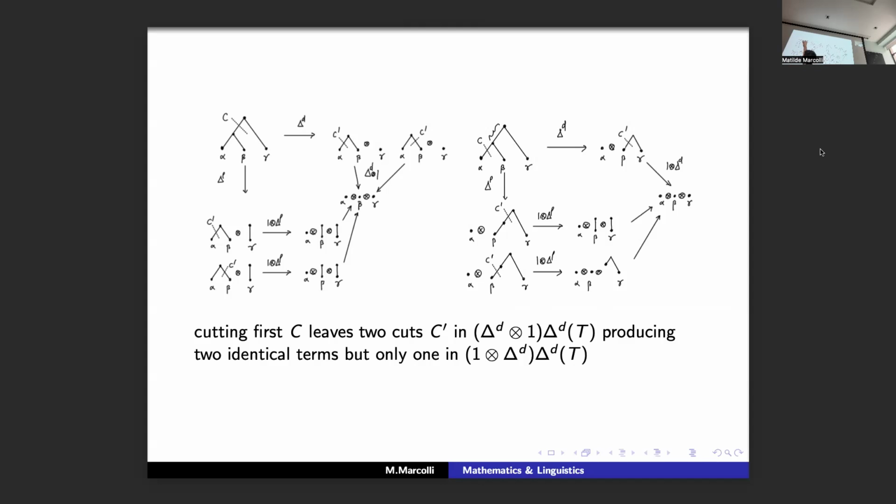And now what I have on the right side, the maximal tree, is just a leaf that's decorated by gamma, and the choices that I have now for making a second cut... if I'm computing this coproduct, it means that I am first doing one cut, and then I'm doing the second cut in the part that has fallen off from the first cut. So I can do the second cut in two ways.